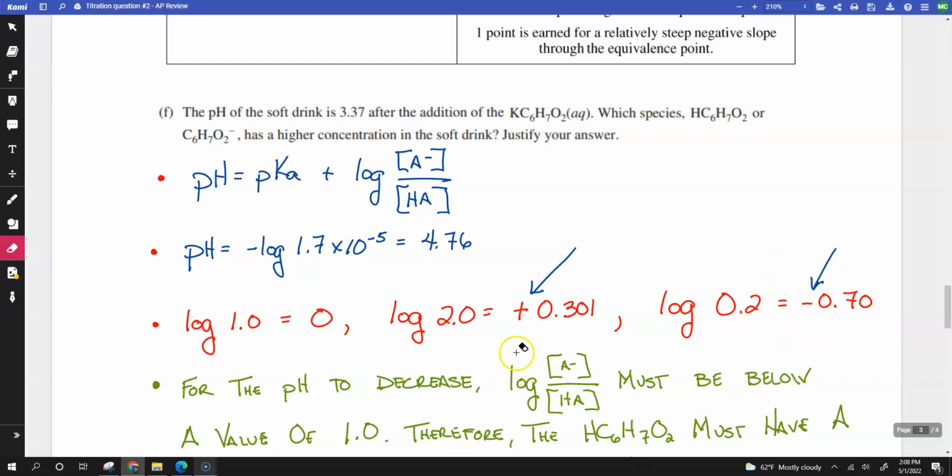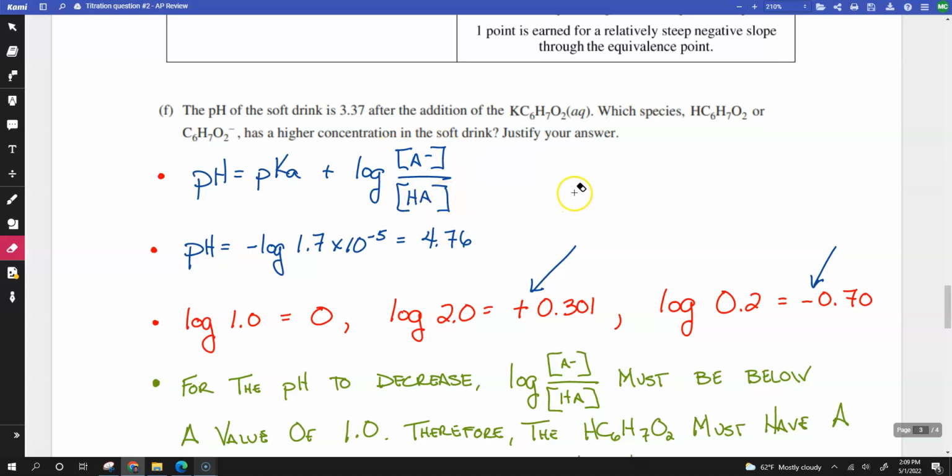So if we want to decrease the pH from 4.76 when it is a log of 1 at the half equivalence point, that we're looking for a negative, or we're looking for a value that's less than 1. For it to be less than 1, that means that this A minus must be smaller than the HA. So the HA has to be greater.